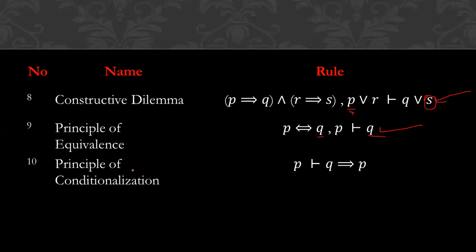The last one will be the principle of conditionalization. We have P here, and the conclusion is Q implies P. If P is true, the conclusion is true. Whatever the hypothesis Q here is, Q implies true is true, so this is also a valid argument.